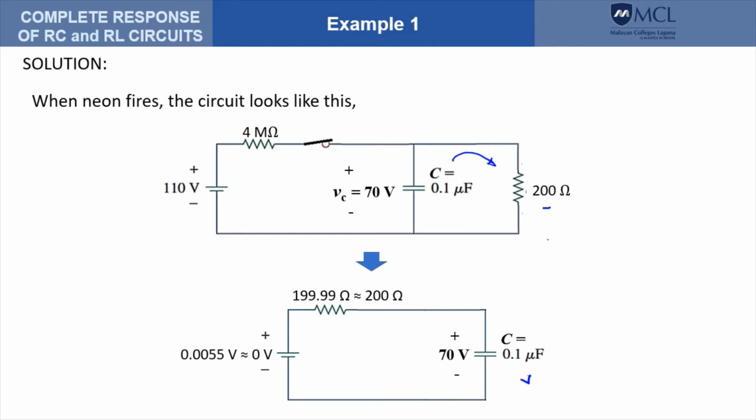We convert the circuit around the capacitor into its Thevenin equivalent, and that will give us a very small voltage, almost zero, and a series resistance that is almost the same as the resistance of the neon lamp. So here we can assume that it is a series RC, but it has no source voltage.